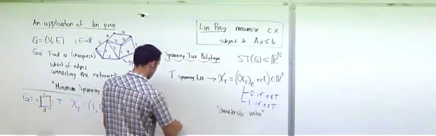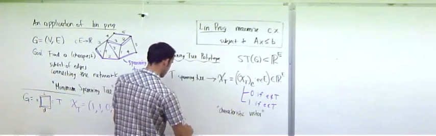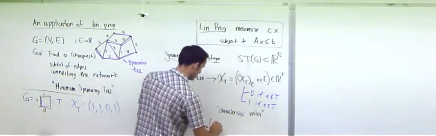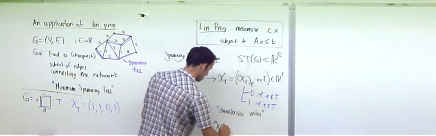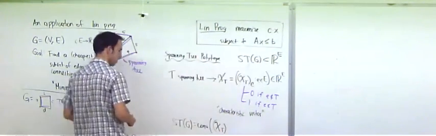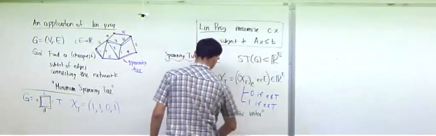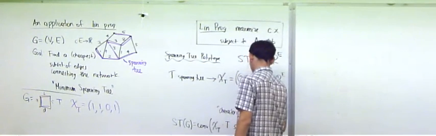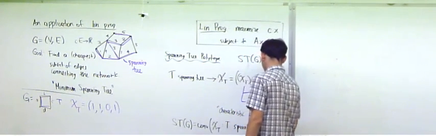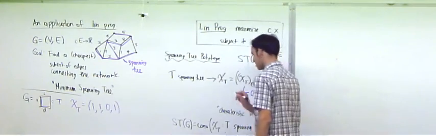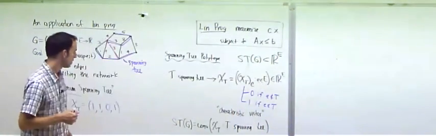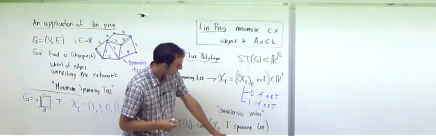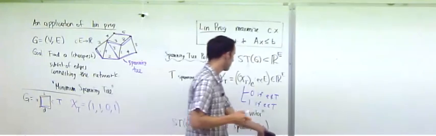So the spanning tree polytope of G is the convex hull of the characteristic vectors of the spanning trees. This says the spanning tree polytope of G is the convex hull of chi sub T, where T is a spanning tree of G.